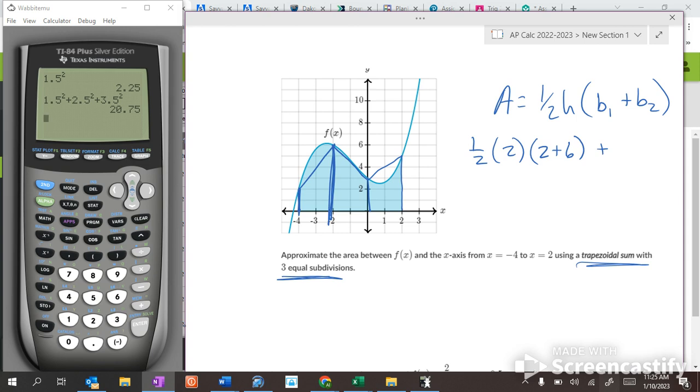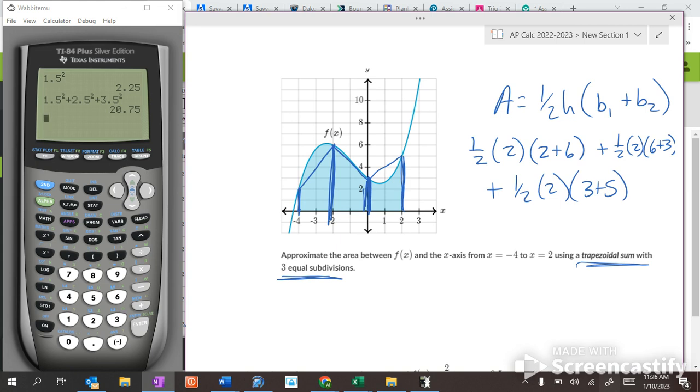And then the next trapezoid is going to be 1/2 of 2 times 6 plus, because this is 6, this one is 3. Plus 1/2 of 2 times, this distance is 3, this distance is 5. Well, what's 1/2 of 2? 1.